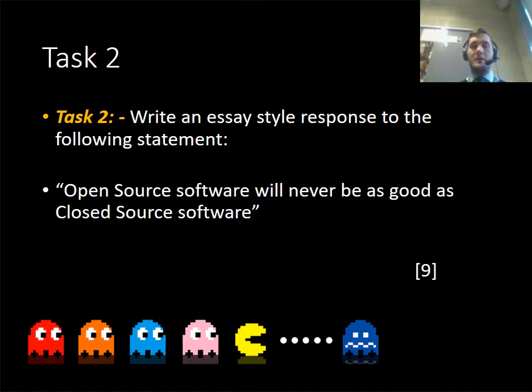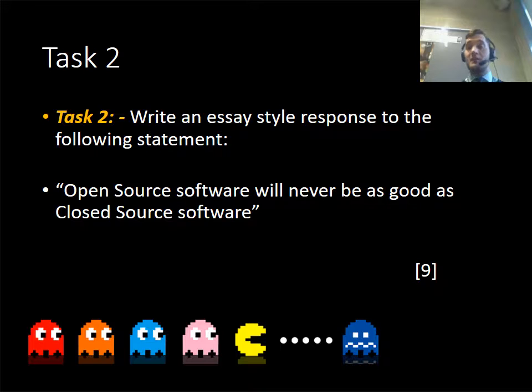What you'd need to think about on this exam style question, it would be an essay type question, is you need to show a debate of both sides of the story. Now first, you need to show that you understand what open source software is. You need to understand what closed source software is. Explain the advantages, explain the disadvantages, then make sure that you relate it to a situation.